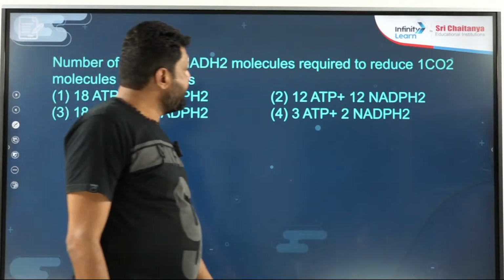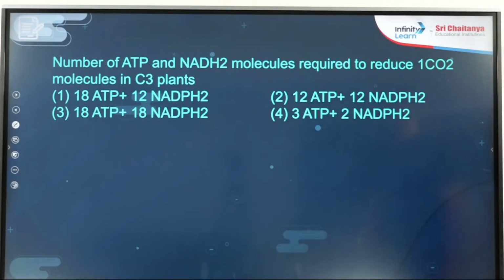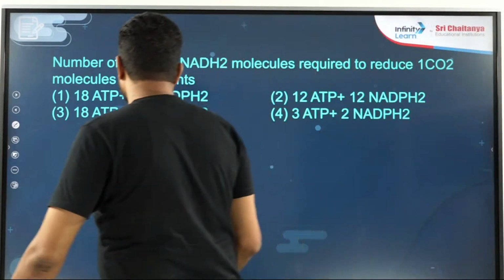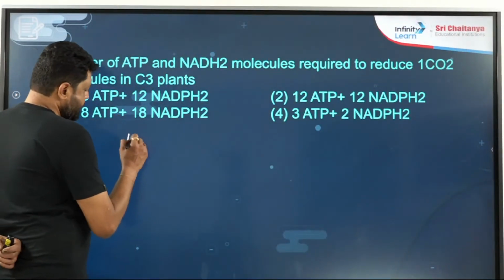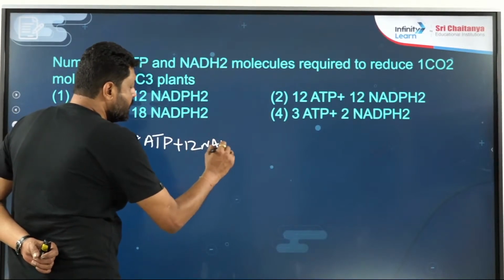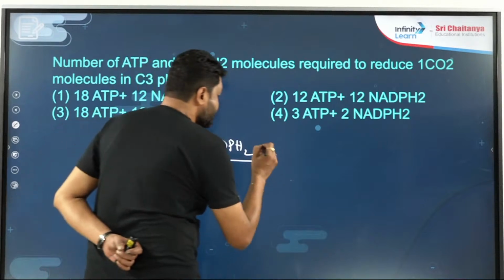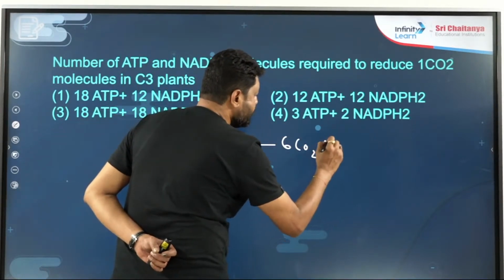Number of ATP and NADPH2 required to reduce 1 CO2 molecule in a C3 plant. Just now I discussed 18 ATP plus 12 NADPH2 is required for the reduction of 6 CO2 molecules.